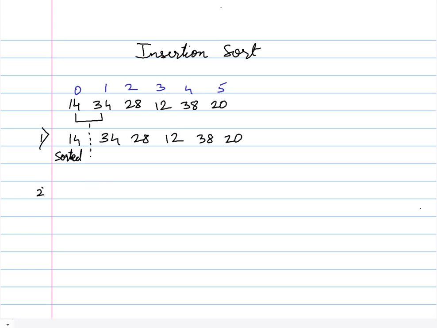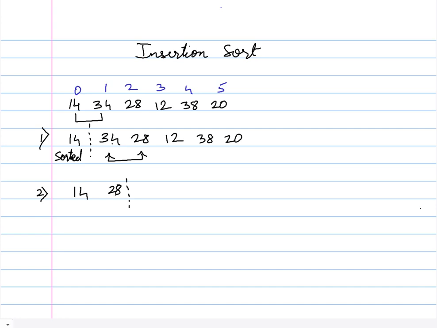Now in the second phase we'll check elements stored at index 1 and index 2. We'll compare: is 34 less than 28? No, that means the position of 34 is not proper, so we'll swap it. So we'll add 28 to the sorted list. In the sorted list we now have 14 and 28.